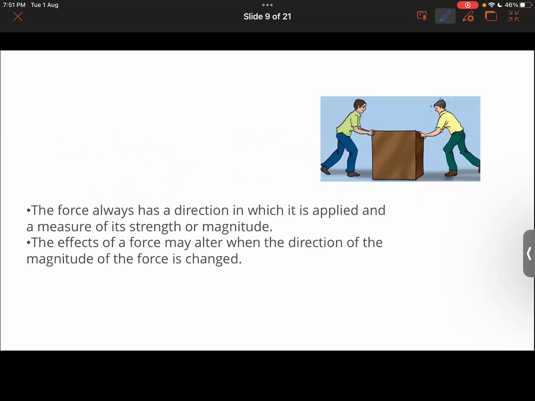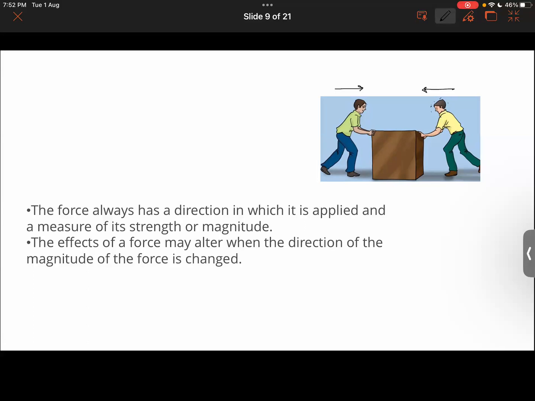Now take another situation in which two boys are applying force on the same object, but in opposite directions, one on the left side and one on the right. In what situation will the object start to move, and in which direction?